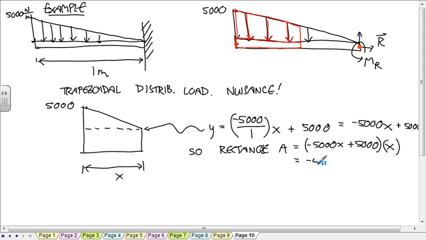So you get negative 5,000 x squared plus 5,000 x. And the triangle area is, so what's the height of this?